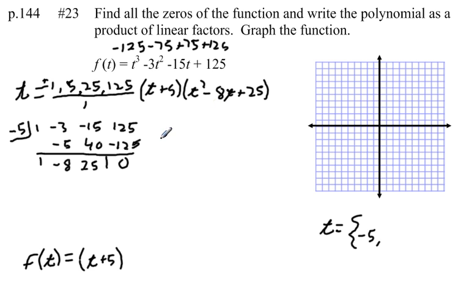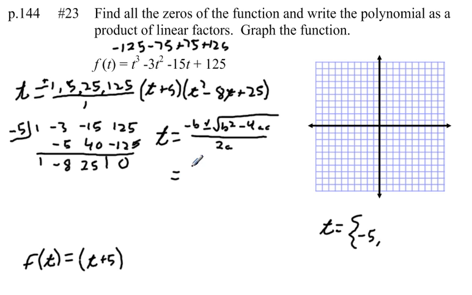So we're going to have to use our quadratic formula. Now normally it's x equals, but in this case t equals -b plus or minus the square root of b squared minus 4ac, all over 2a. So let's plug in these coefficients for a, b, and c.